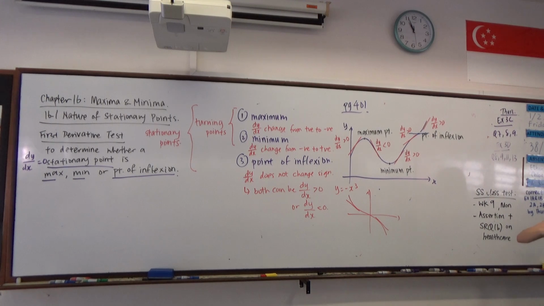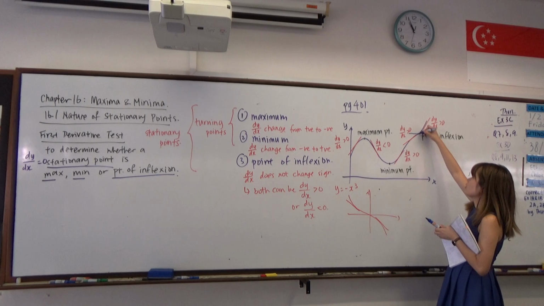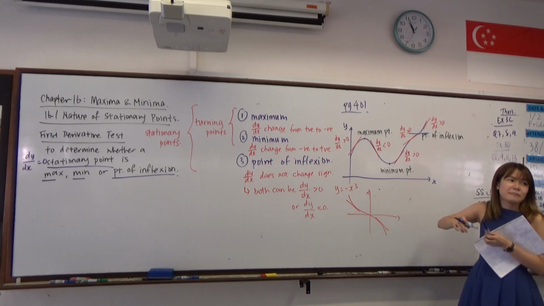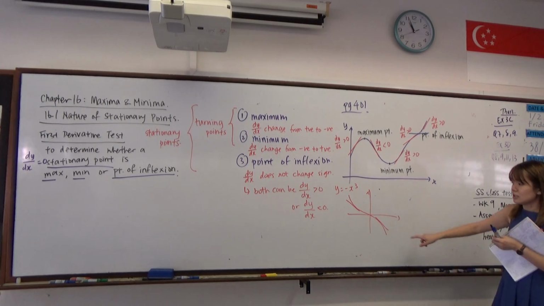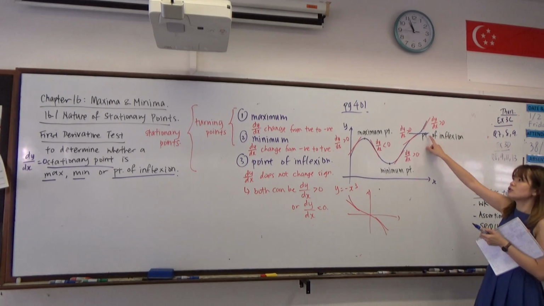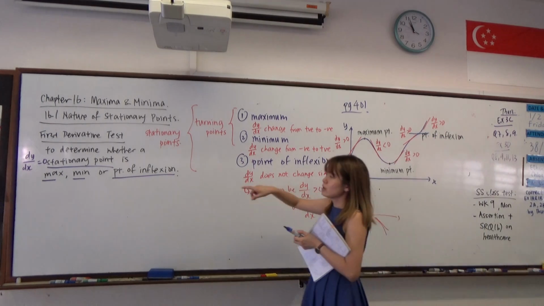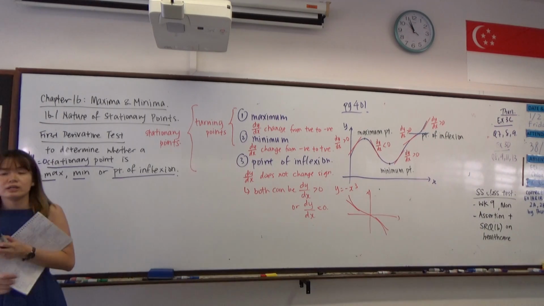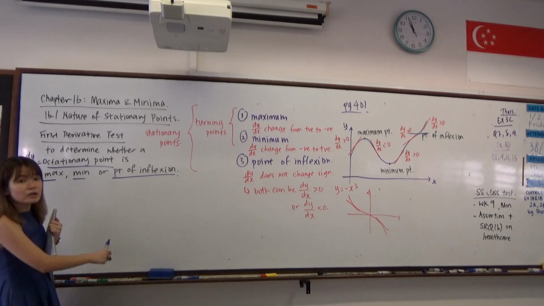Also, it's a part where it changes. There is a change in the way it curves, but it is not a maximum or minimum. So that's why it's a point of inflection, for a cubic one. The way we draw the tangent would still be a horizontal line. That's why it would still fall as a stationary point. Any questions so far?